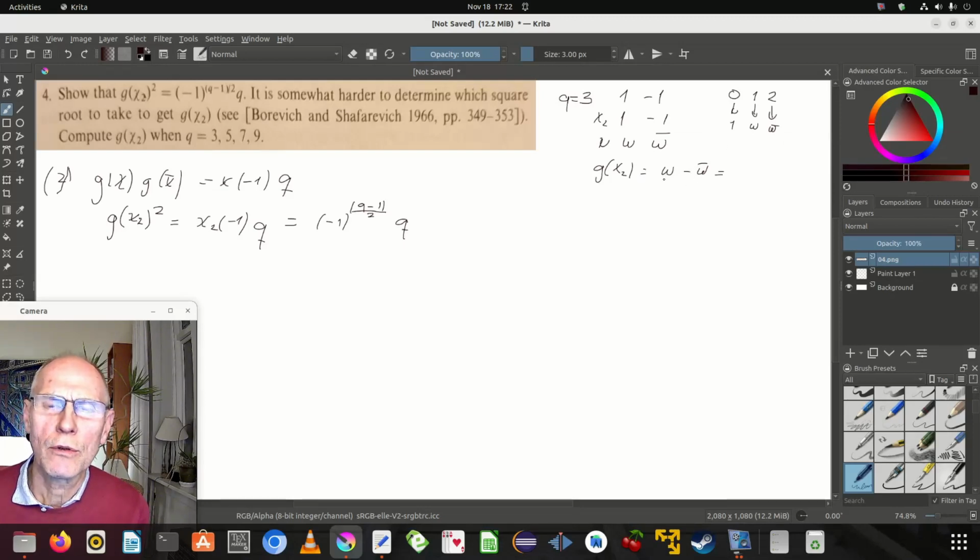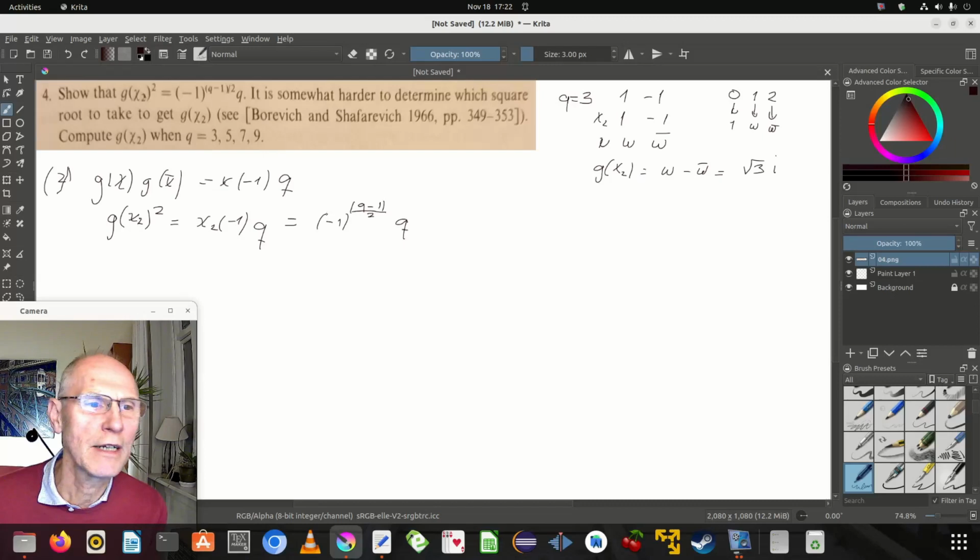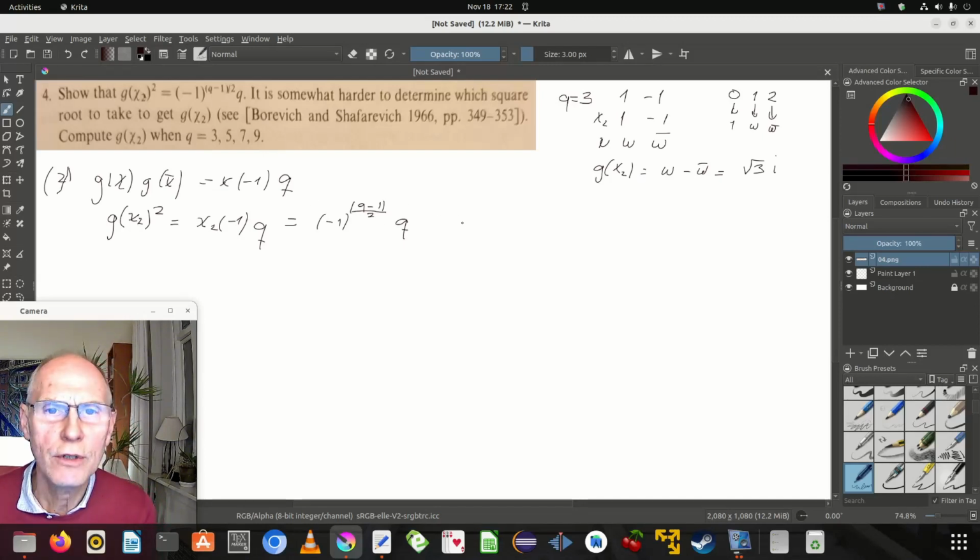So that's square root 3 i halves. Now that's strange. Oh yeah, that's true. So the square gives minus 3 as it should. All right, q equals 5.